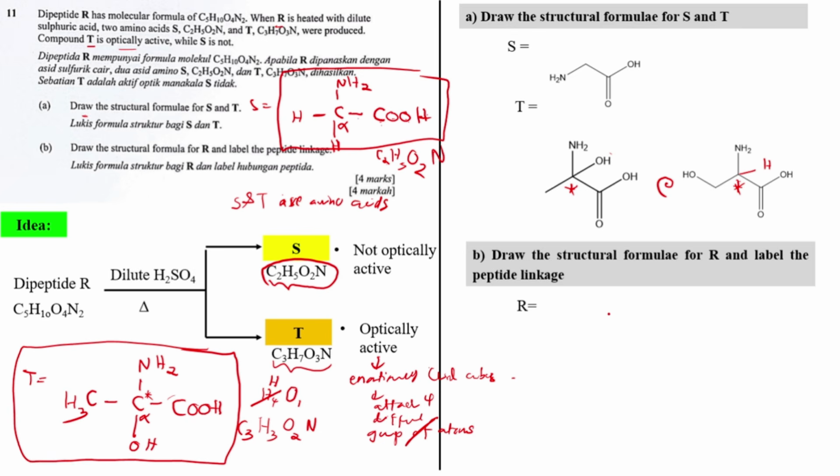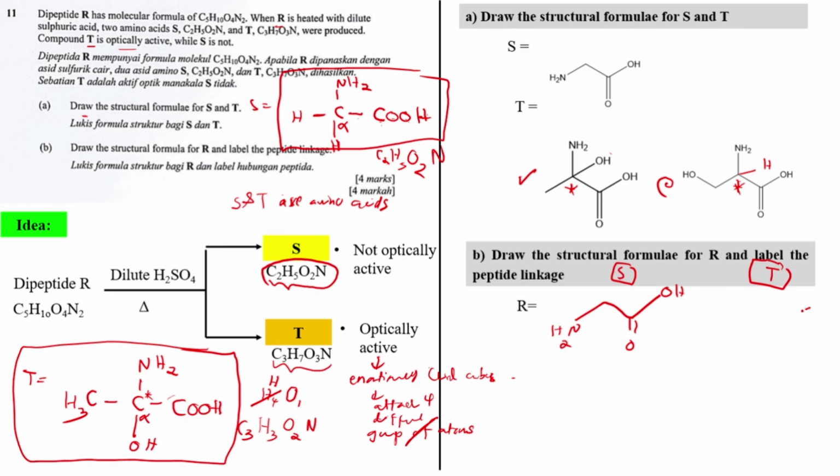In order to see it better, let us draw it one more time. For my S, I have my structure to be like this, right? Double bond O, OH, and H2. Then this one is my S. For T, I'm choosing this structure.